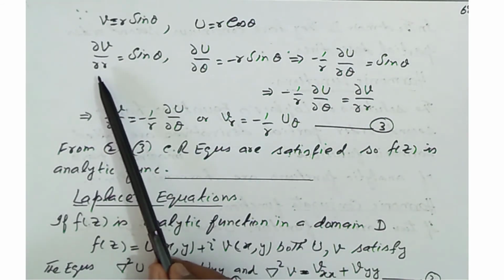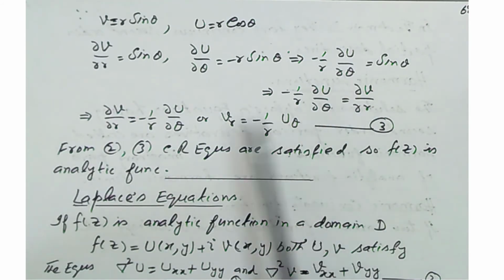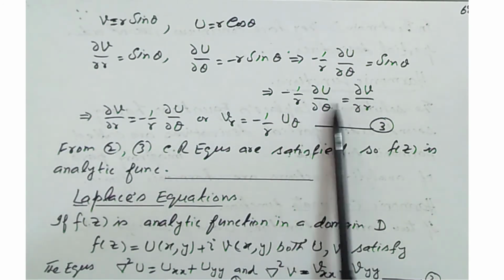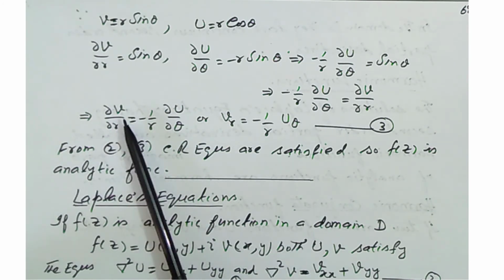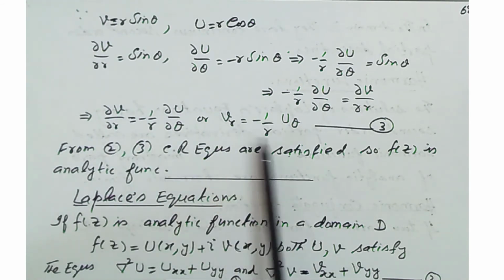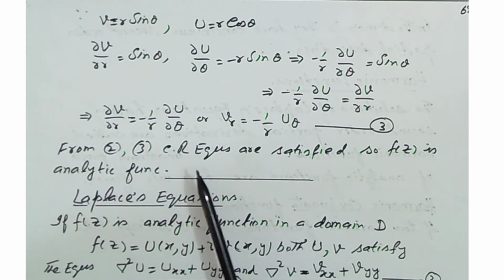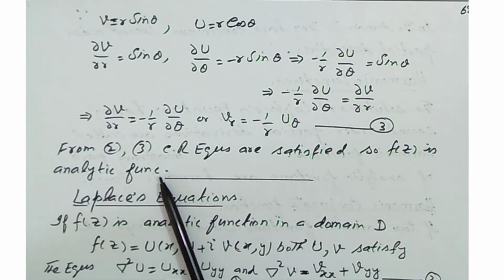So partial v over partial r equal to minus 1 by r partial u over partial theta, which can be written as v_r equal to minus 1 by r u_theta. Equations 2 and 3, the Cauchy-Riemann equations, are satisfied. So f of z is an analytic function.